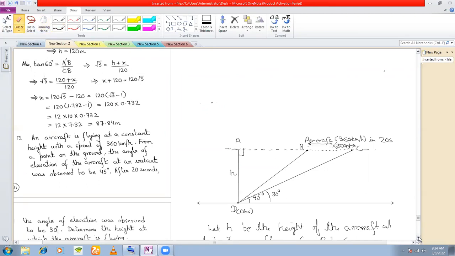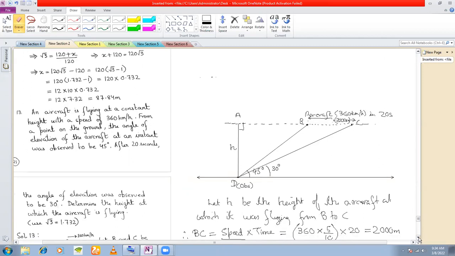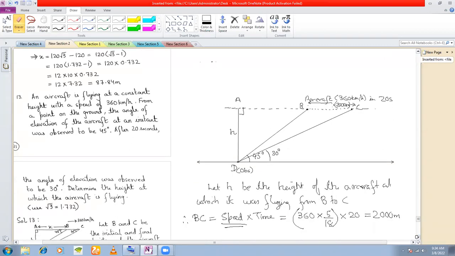Now if this length is given to you, this looks like your type 1 figure that we had discussed, just rotated by 180 degrees. This is like an inverted figure, isn't it? Now this angle here is 30 degrees, and this angle is 45 degrees, so this angle will also be 45 degrees. Now we shall first use triangle ABD.